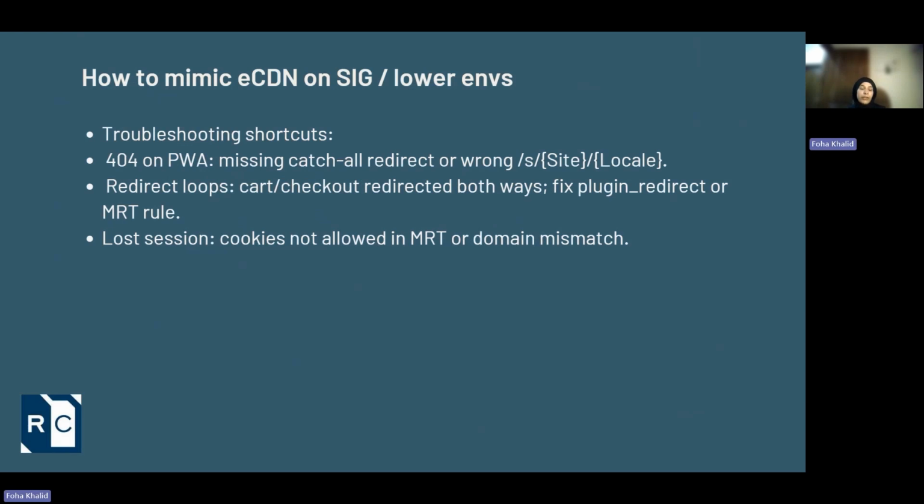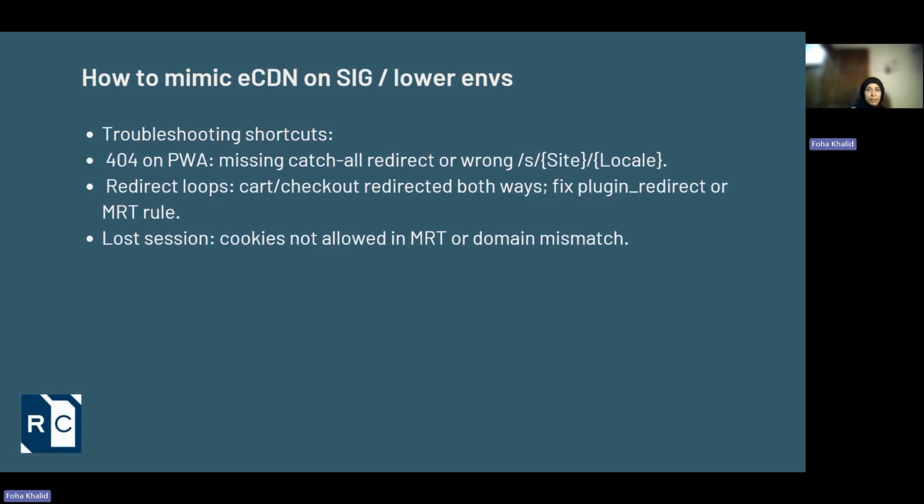Whenever you implement it the first time, you might run into some issues. These are some issues that I ran into as well. There were some 404 messages on PWA Kit sometimes because you might be redirecting to the wrong site or locale.